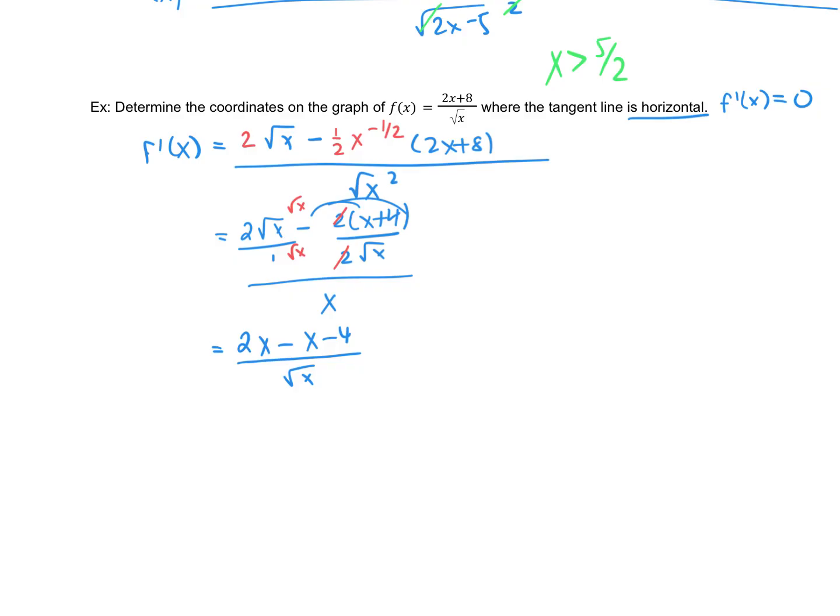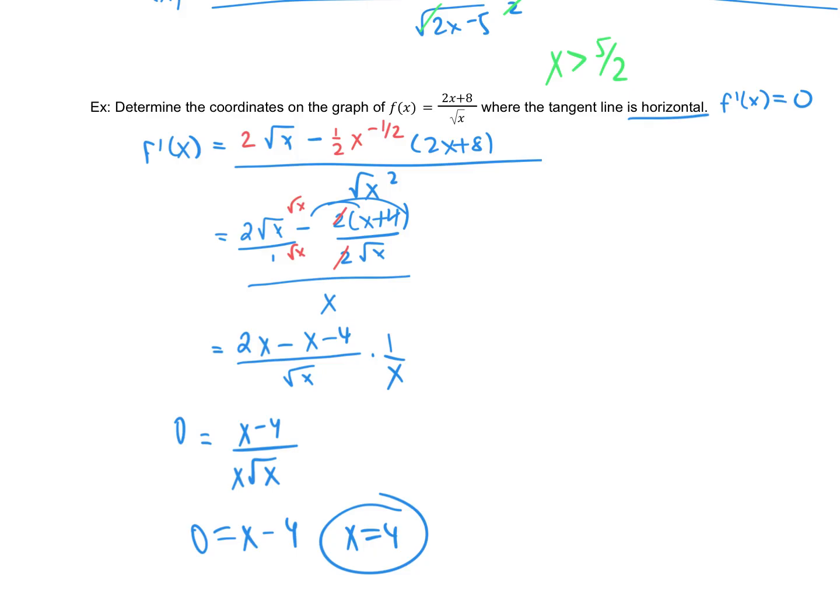And like I've done before, instead of writing divided by x, I'm going to write times 1/x, so that we have x subtract 4 over x root x. And now I can set this equal to 0, and whenever we have rational functions, just because of the cross multiplication, we get 0 equals the numerator, so x must be 4.